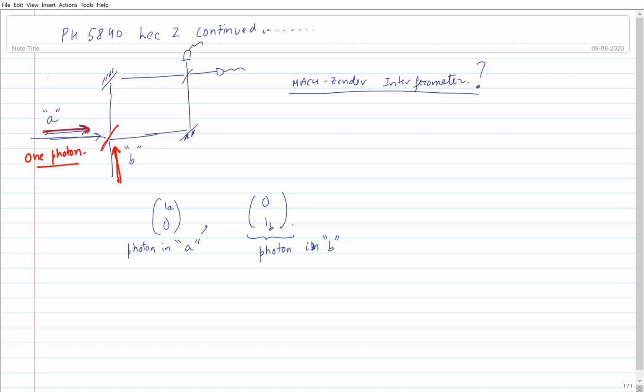Now, I can ask the question, what exactly is the Mach-Zehnder Interferometer? To get the rabbit out of the hat, the Mach-Zehnder Interferometer for you guys is your first quantum computer. Of course, we need to make the interferometer work like a computer or put some other bells and whistles into it.